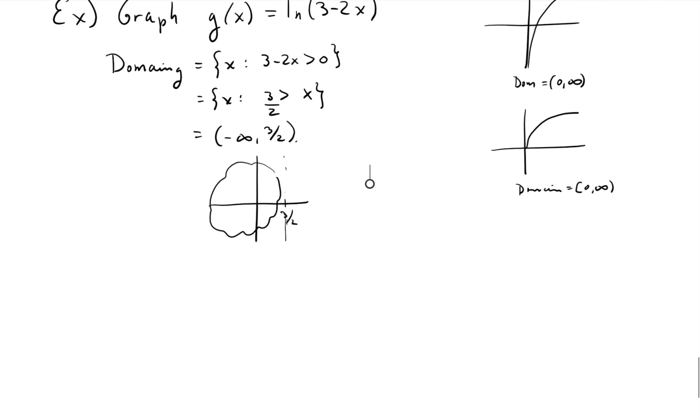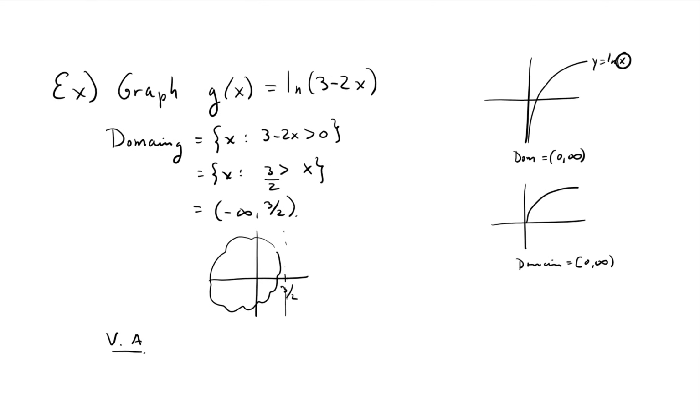The other thing you want to look at is the vertical asymptote. Let's look again at the function ln of x. It's found here for ln of x at x equals 0, basically on the y-axis. It is the value of the input that makes this part 0.